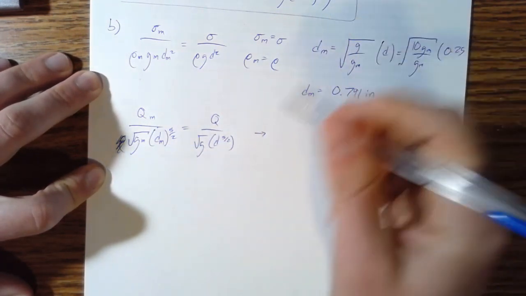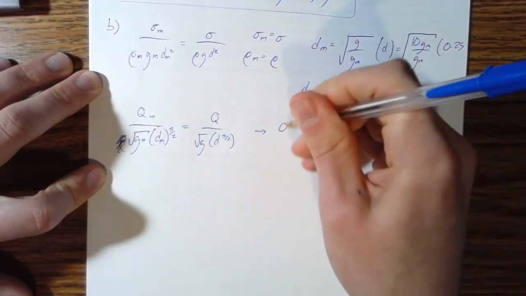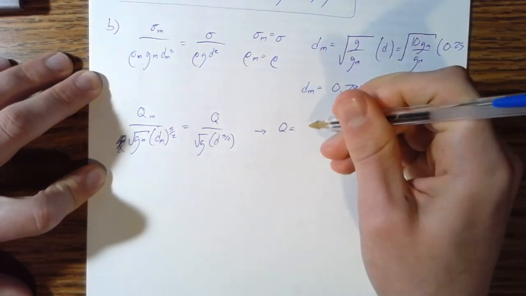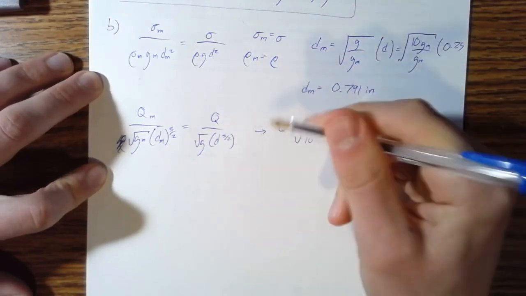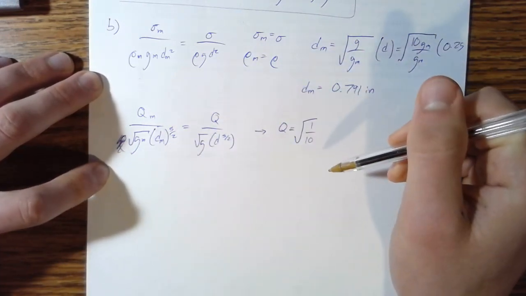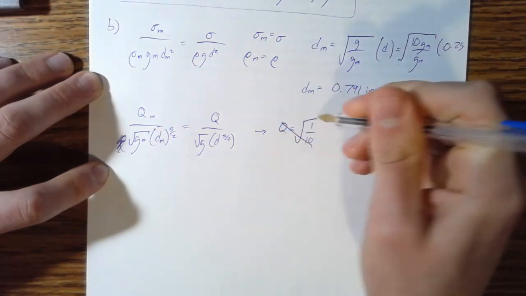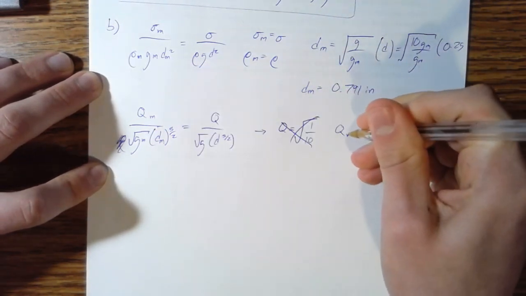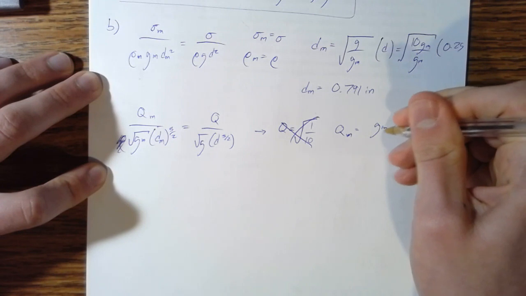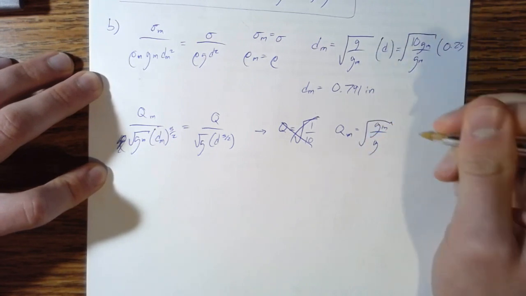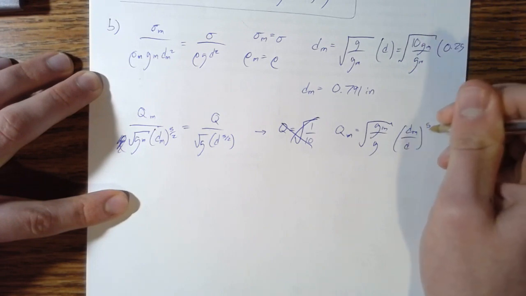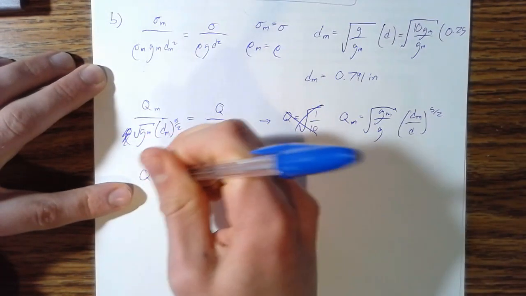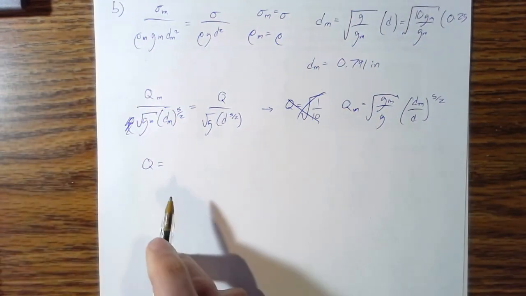So solving this for the flow rate in our prototype, let me write this out real quick. So Q_m g_m over g, D_m over D to the 5 halves. And then we'll plug numbers in to make things a little bit clearer.